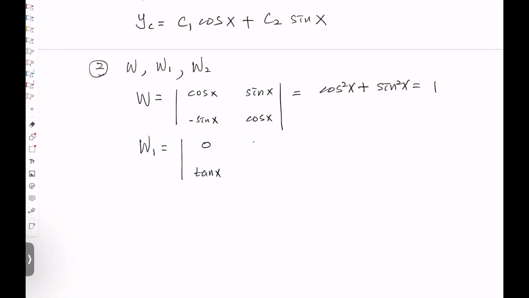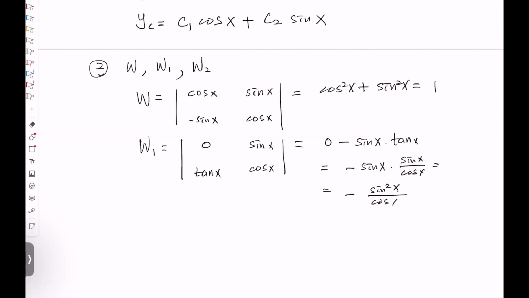Then we have the second column, sine x and cosine x. So AD, which is 0, minus BC, sine x times tangent x, that equals negative sine x times tangent, which is sine over cosine. So that is negative sine squared x over cosine x.